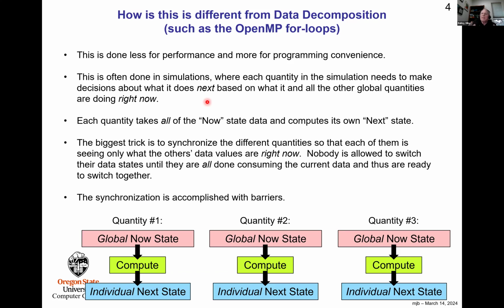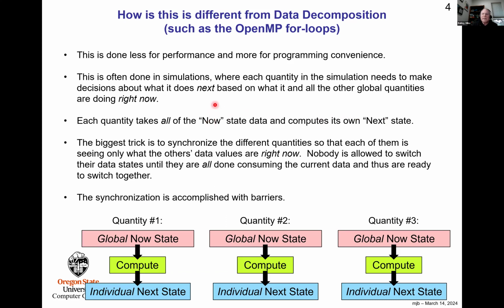So each step, each function, each part of the simulation looks at the whole simulation state and says, what does this mean for me? And that's all that function has to do because there's other functions considering what does this mean for the bears? What does this mean for the berries? What does this mean for the bushes? And so on. So we have a now state and we have a next state.